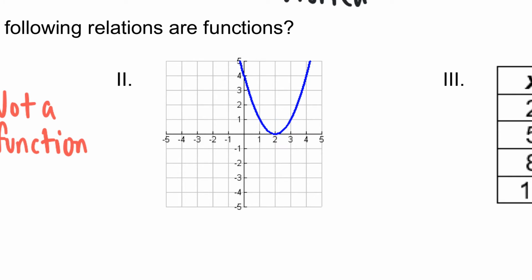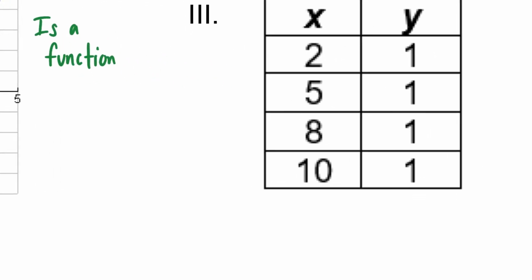Now, some people freak out. They're like, oh, but 1 appears as an output twice. That's okay. You just need it so that each input number only has one output number, right? 3 only has one output. 4 only has one output. 0 only has one output. -1 only has one output. So this is a function, because each input value only has one output value.